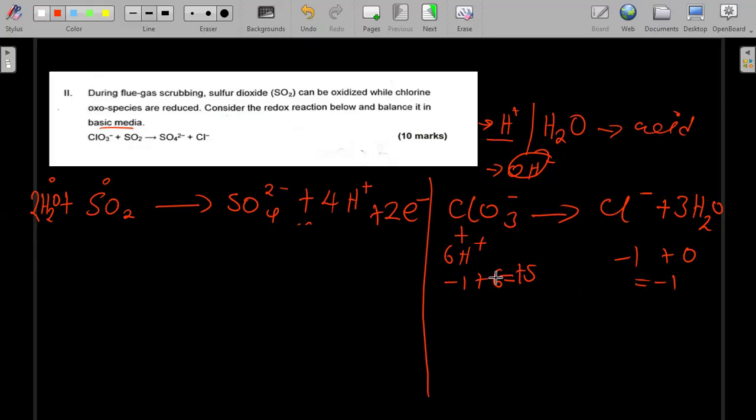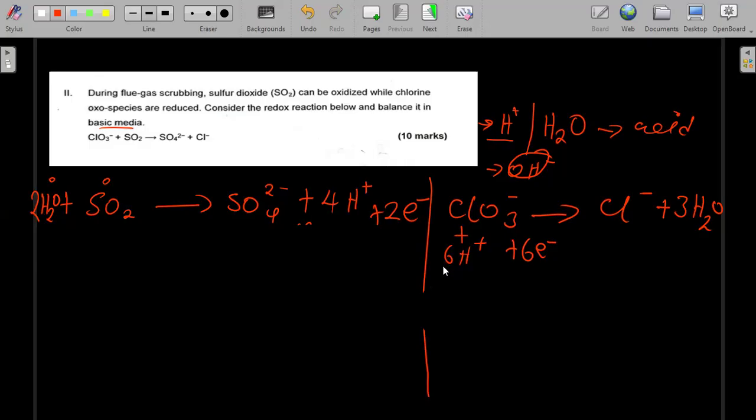If we add 6 electrons, +5 plus -6 is going to give you -1, isn't it? So we are going to add 6 electrons on the left-hand side. Okay, so we've balanced our electrons as well.